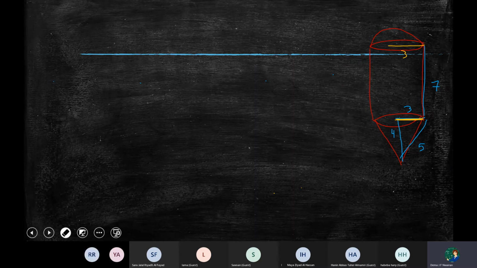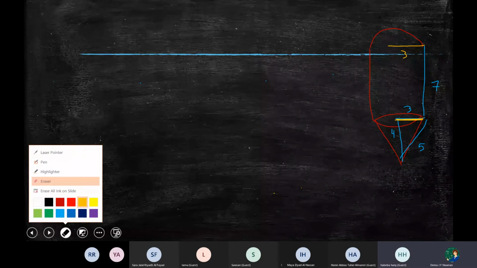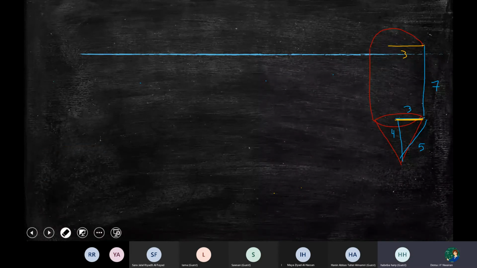Imagine it is a solid shape. If it is a solid shape, did you see the base of the cone? If you look at it, no. So you didn't find the surface area of it.